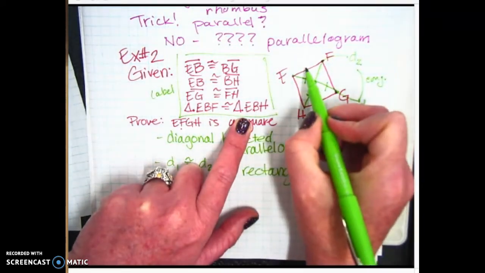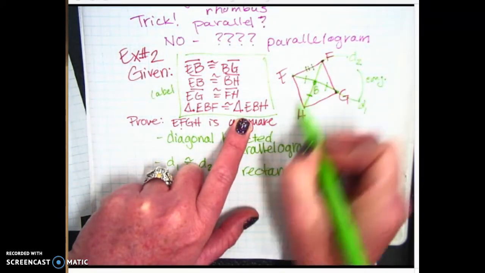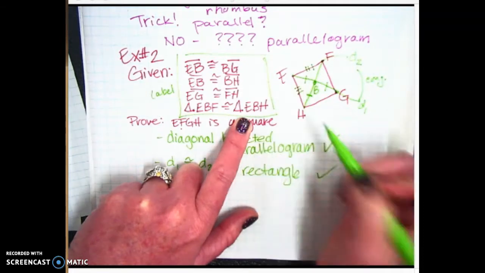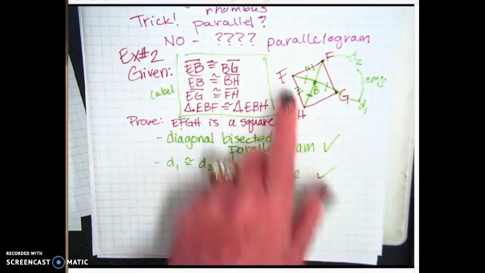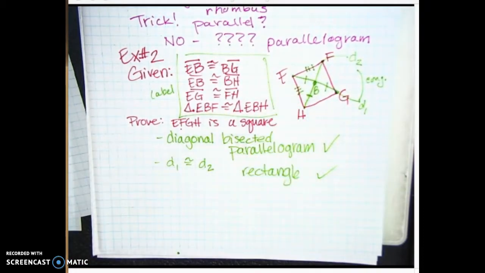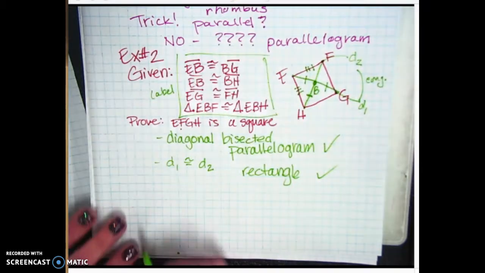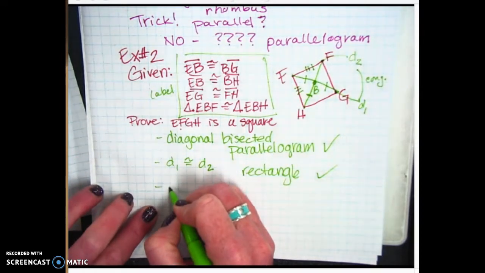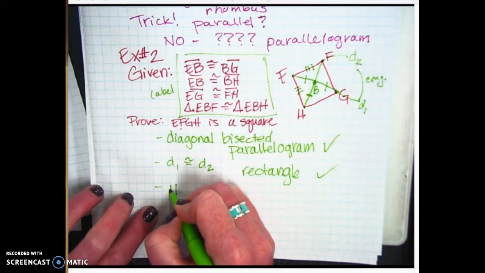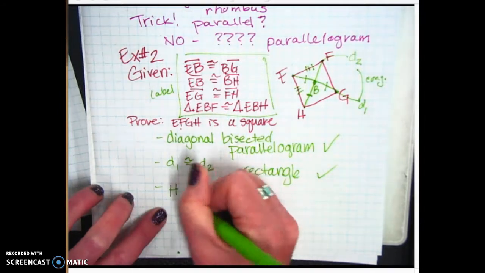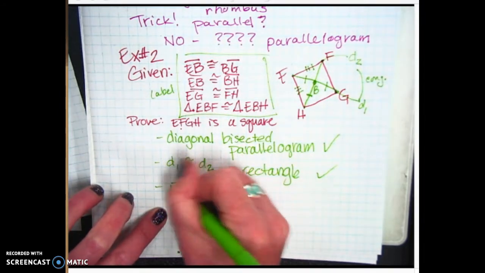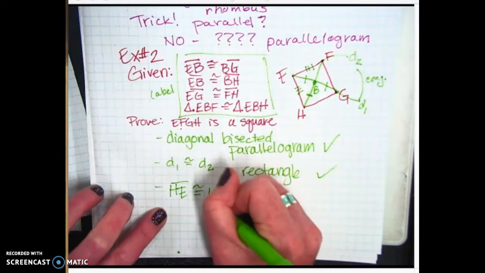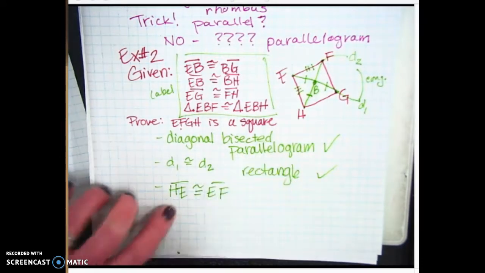So I'm going to mark this side right here, congruent to this side right here, side EF congruent to side FH, because they're corresponding parts of congruent triangles. One pair of congruent sides. Right, if we have one pair of consecutive sides congruent, we'll say that HE is congruent to EF, and that one was under what?